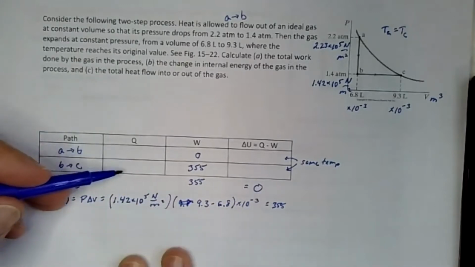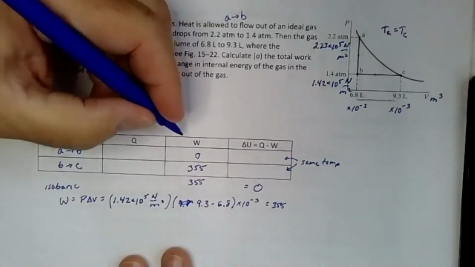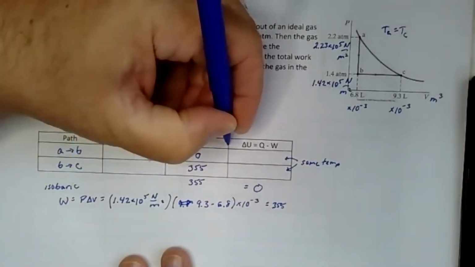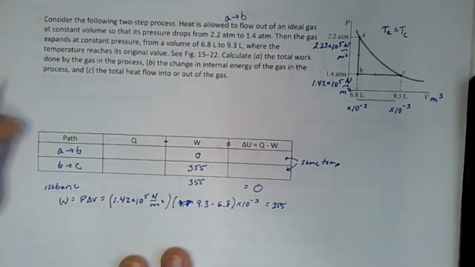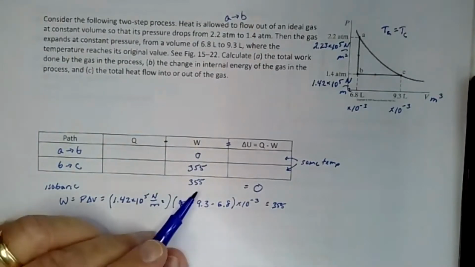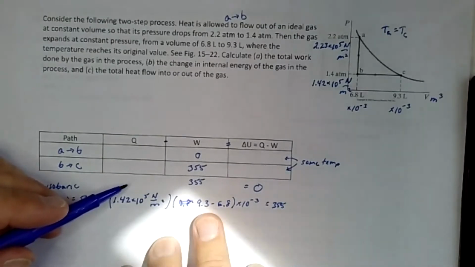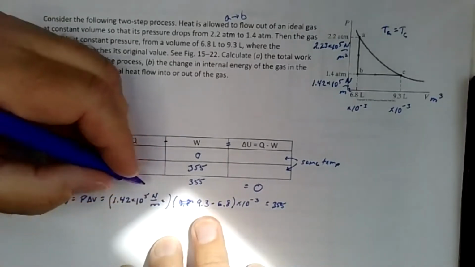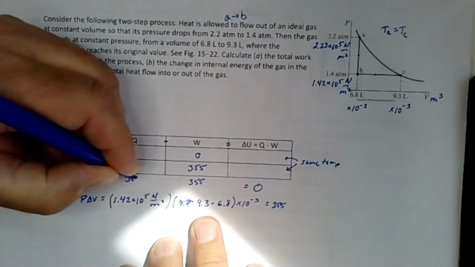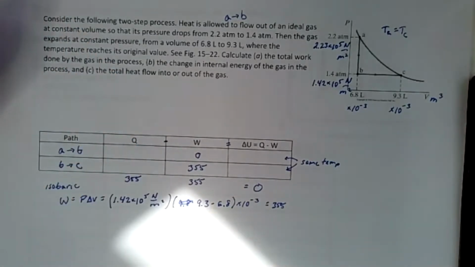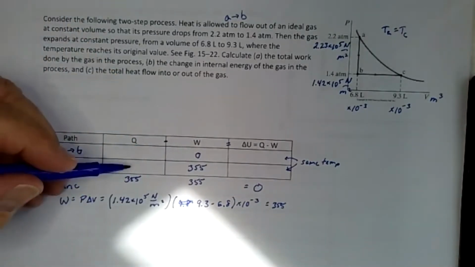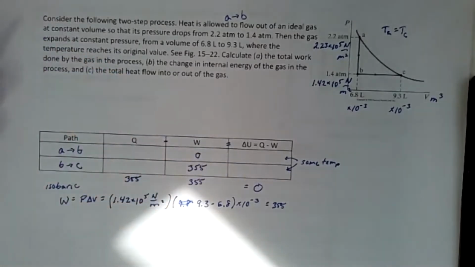So that means the total heat, because remember, Q minus W equals that. So if that's 0 and that's 355, then I need something here so that when I subtract 355 from it, I get 0. So that's positive 355. I don't know this, and I don't know this, but that's about as far as I could go. Oh, sunlight's back.